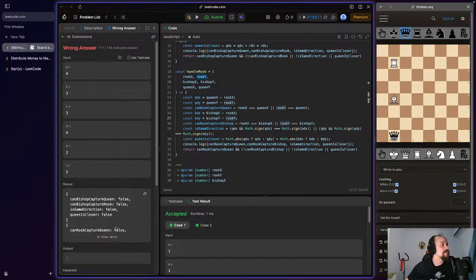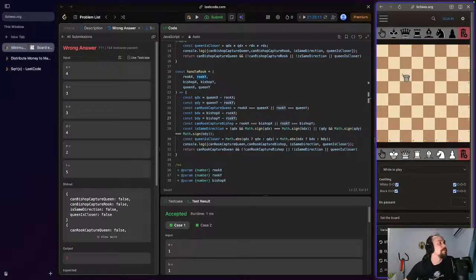Okay, is this the same problem? It's not. Okay, so let's set it up. We have a white rook at 0, 1, 2, 3, 4, 0, 1, 2, 3. We have a white bishop at 3, 4. Where do we have it now? 0, 1, 2, 3, 0, 1, 2, 3, 4.